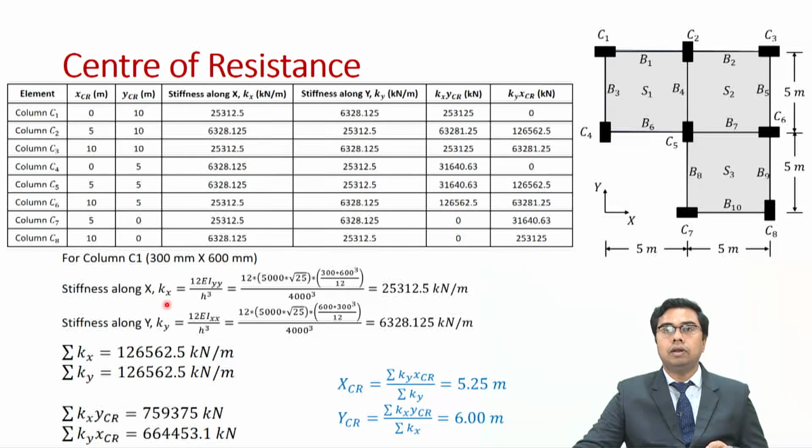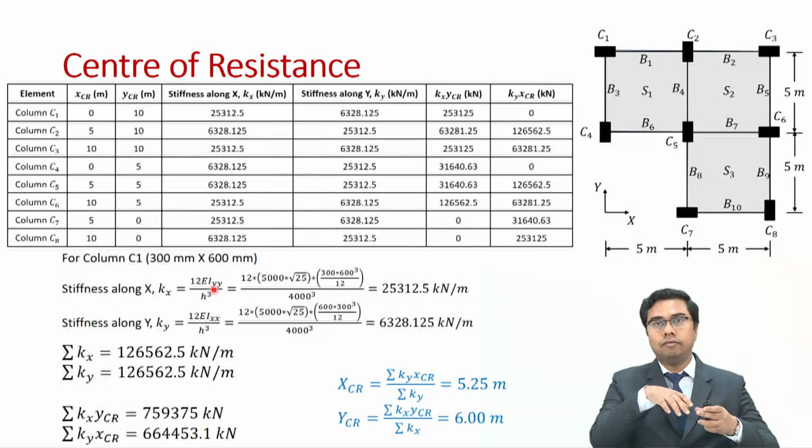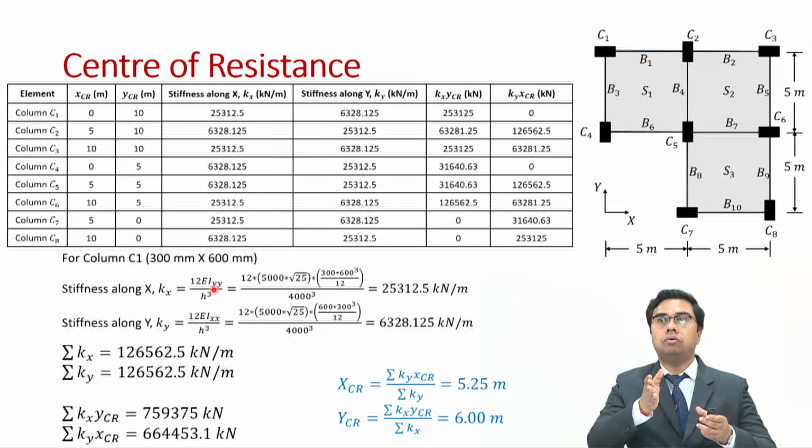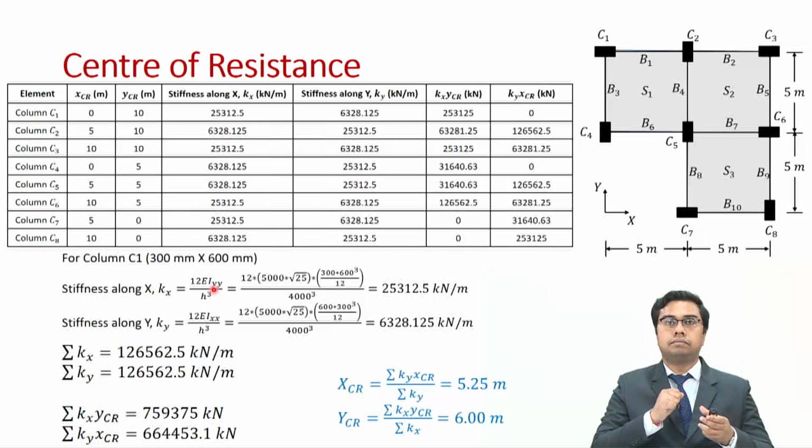When you are calculating kx, you need to use Iyy as the second moment of area. Why? Because if you are trying to find the stiffness along x direction, you need to consider bending about y direction. All right.